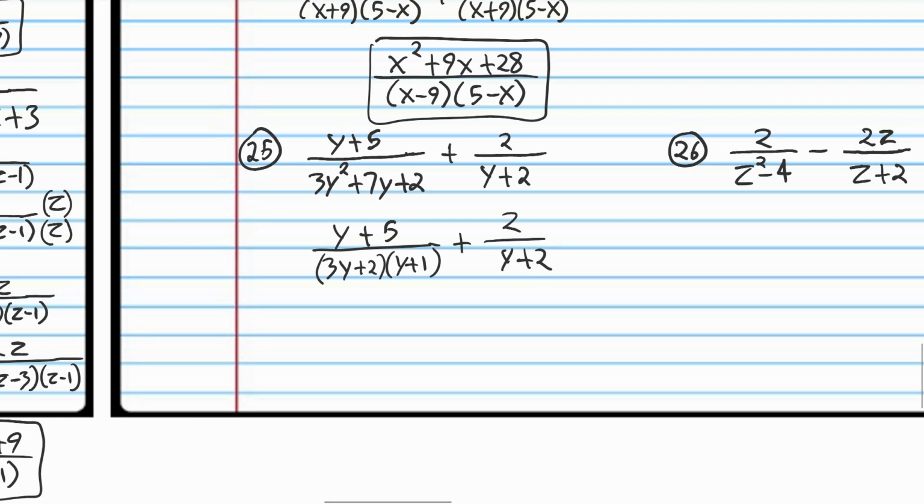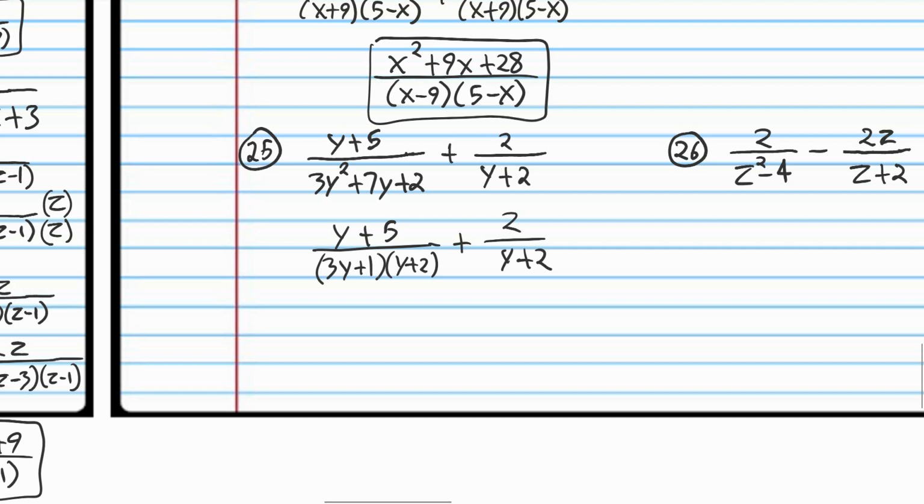Outer term is 3y, inner term is 2y, add them up you get 5y, so that did not work. So I'm going to switch the 2 and the 1. Outer term is 6y, inner term is 1y, add them up you get 7y, so that works.